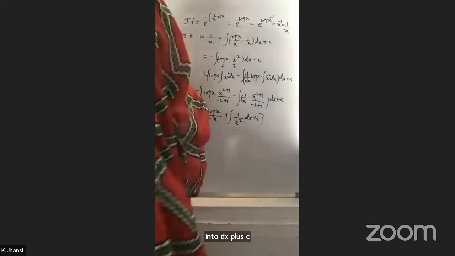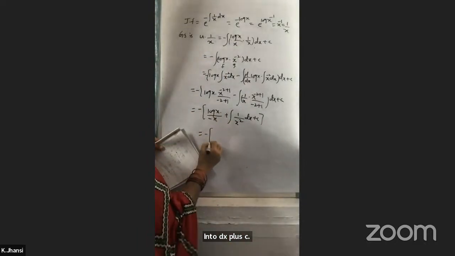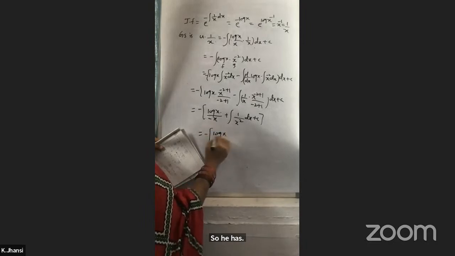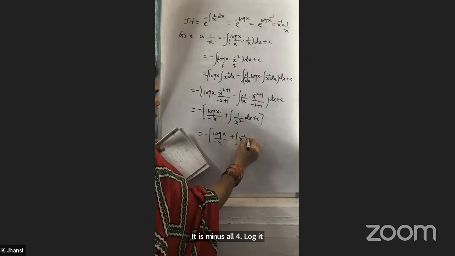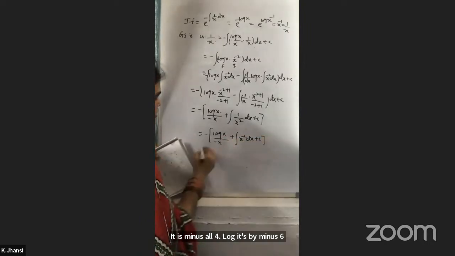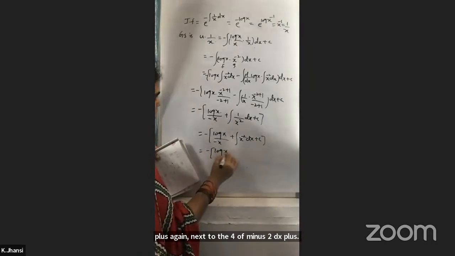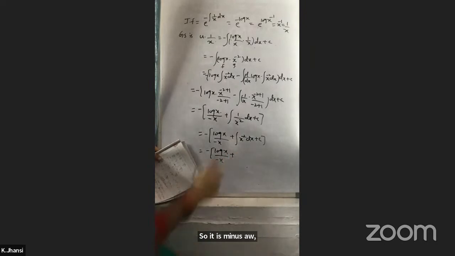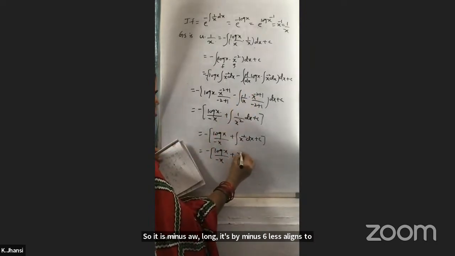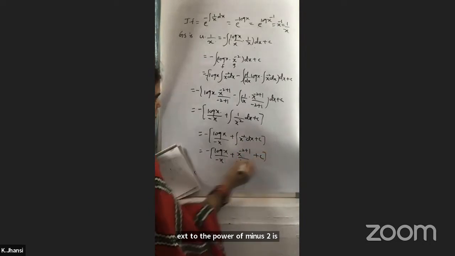So here it is minus of log x by minus x plus again x to the power of minus 2 dx plus c. x to the power of minus 2 we have just written, that is x to the power of minus 2 plus 1 by minus 2 plus 1 plus c.